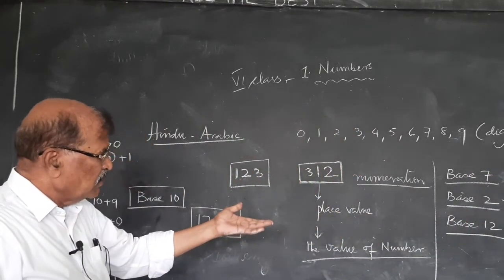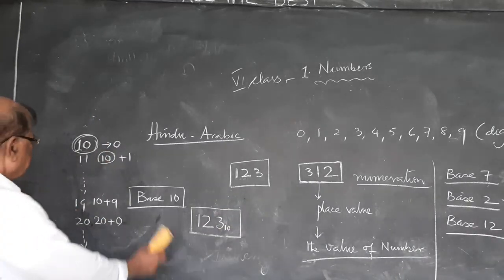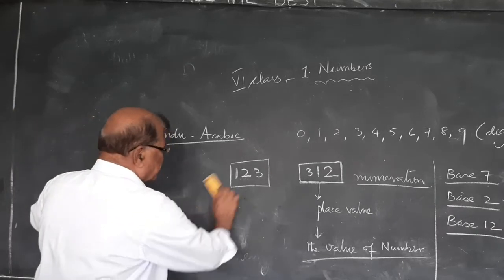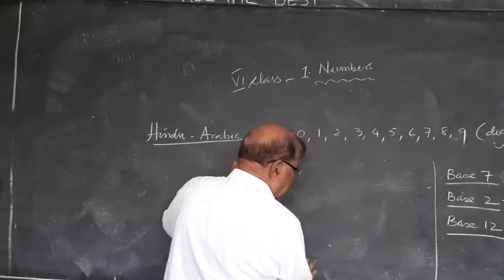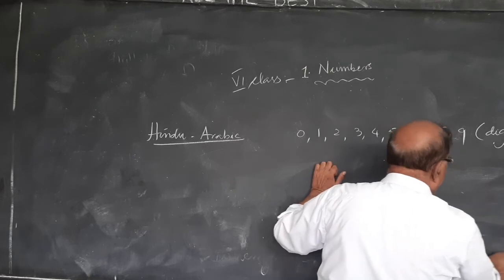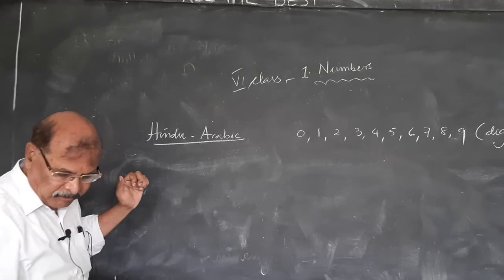January, February, like that. You will have to remember that the numbers which we are learning are base 10. That is the important notation which we will have to remember. And the second one is, how do you write a number?